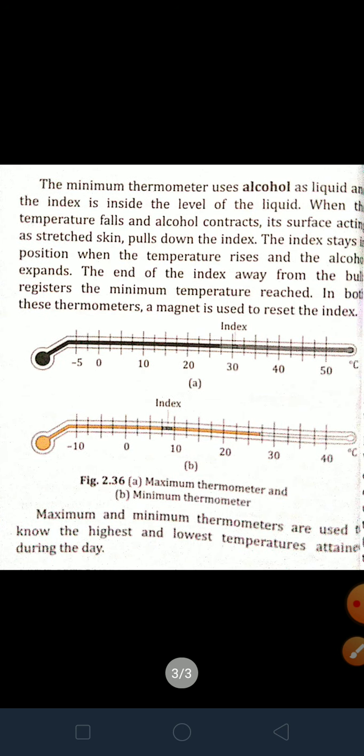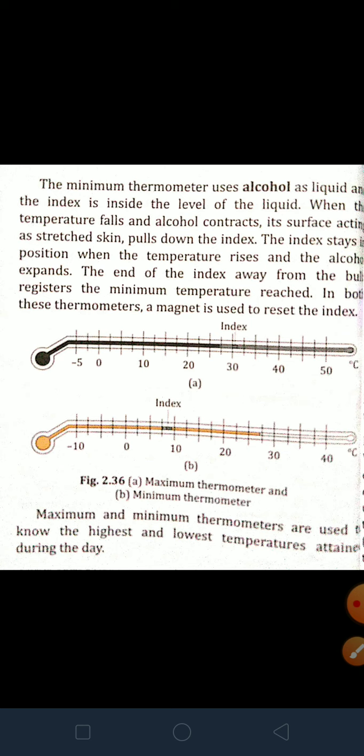So children, here you can see the figure of the maximum thermometer and the minimum thermometer. The above one is the maximum thermometer and the below one is the minimum thermometer. The minimum thermometer uses alcohol as liquid and the index is inside the level of the liquid. When the temperature falls, the alcohol contracts.